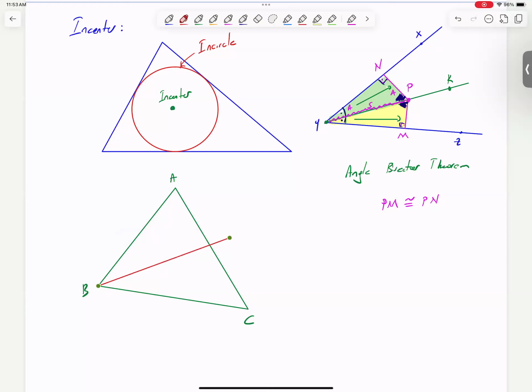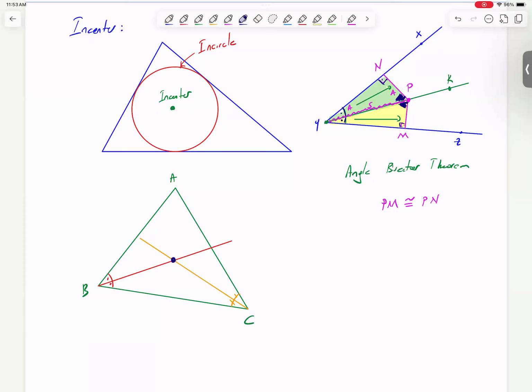Also, we have this yellow ray cutting the angle C in half, the angle bisector for angle C. And they intersect at one point, the intersection point of the angle bisectors.